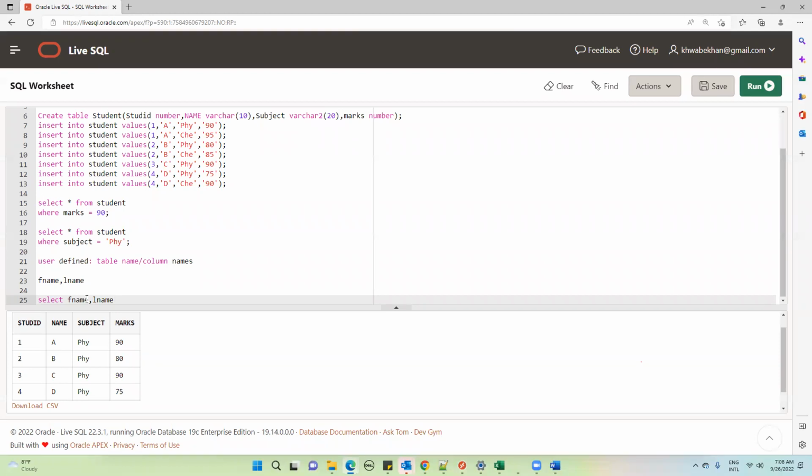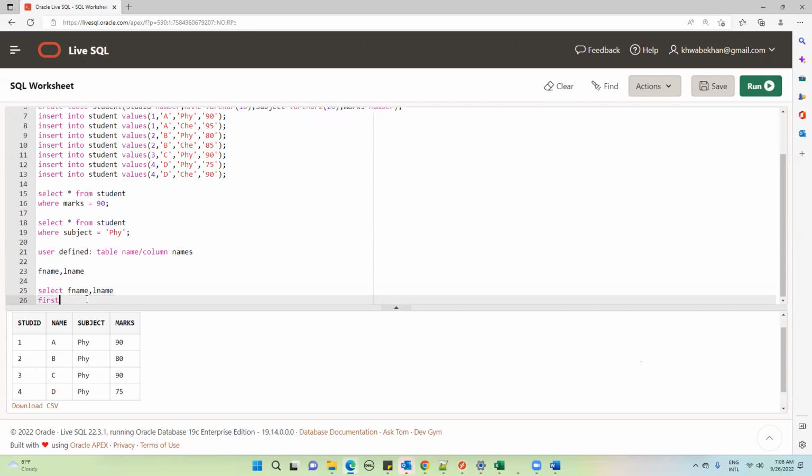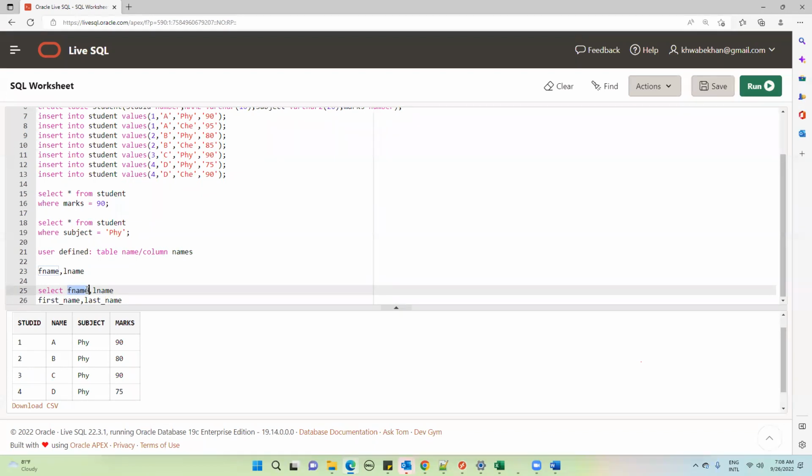Is that what you are asking, or something different? Yeah, but in the question it's mentioned first name and last name. That was a mistake in the question. I have seen that. They have mentioned first underscore name, last underscore name. So that is what I have mentioned to you in that chat. In the column, it is F name, comma, L name. So you have to retrieve only what is present in the table, the column name.